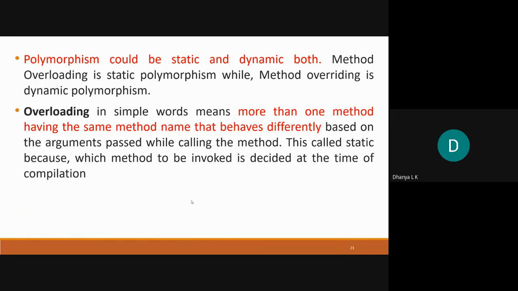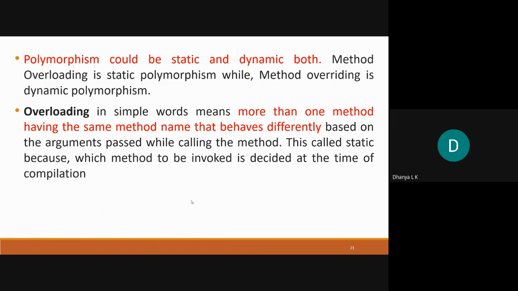I already said that polymorphism can be divided into two: static polymorphism as well as dynamic polymorphism. Static polymorphism means how the different functions should behave is decided at compile time itself.